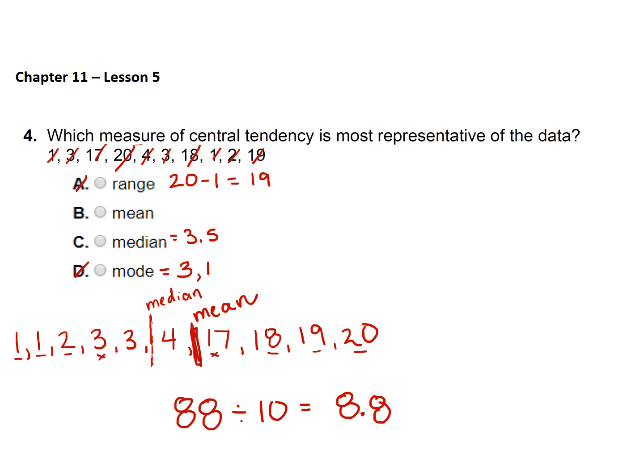Now, I personally think that the mean is your better piece of data, because you have a lot of low scores and a bunch of high scores. So I believe that the mean is your better data. You don't really have any outliers because 1 is just as far away from the mean as 20 is. And your data is pretty symmetrical otherwise. There's a huge gap in the middle.